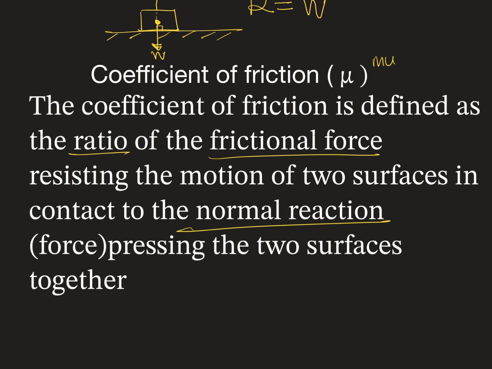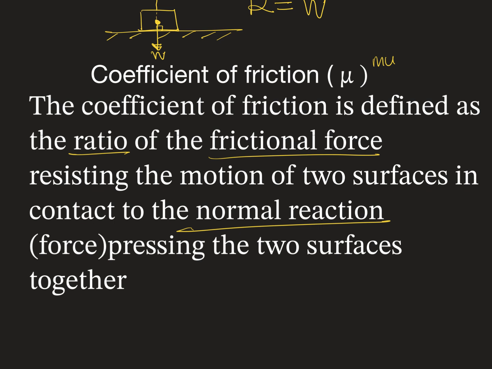The coefficient of friction shows the amount of friction that exists between the two contacting surfaces. That is the surface of the object and the surface on which the object is on or moving on.